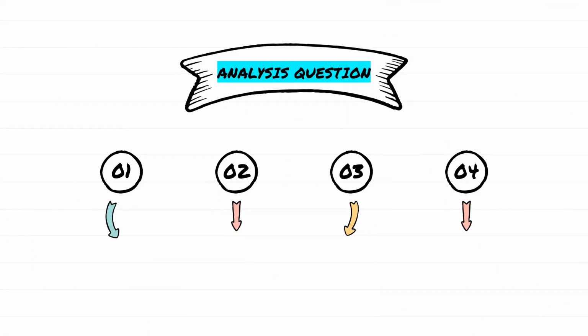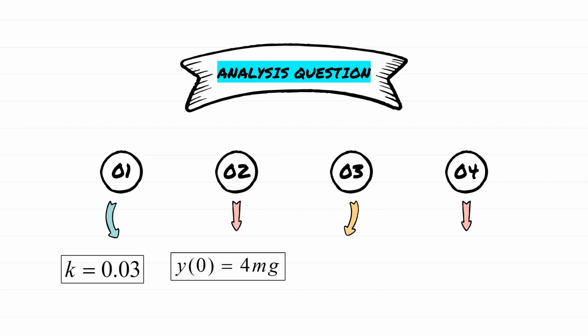Before we start to solve the problem, let's analyze the question. First, k equals 0.03. Second, y(t=0) is 4 mg. Third, h equals 1. And fourth, we want y at t equals 5.